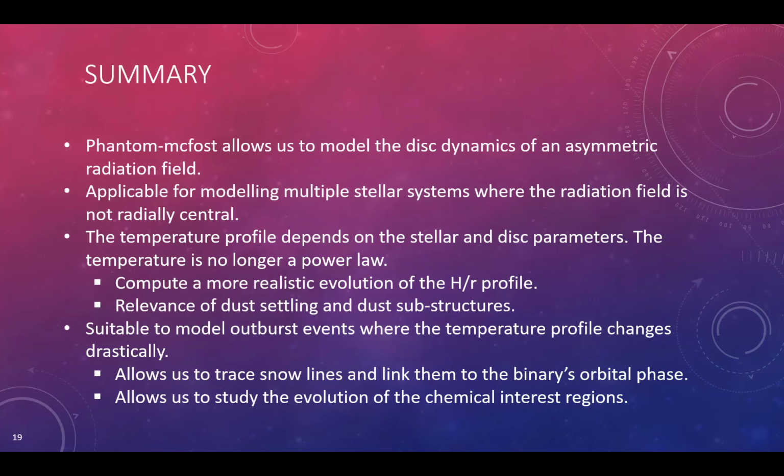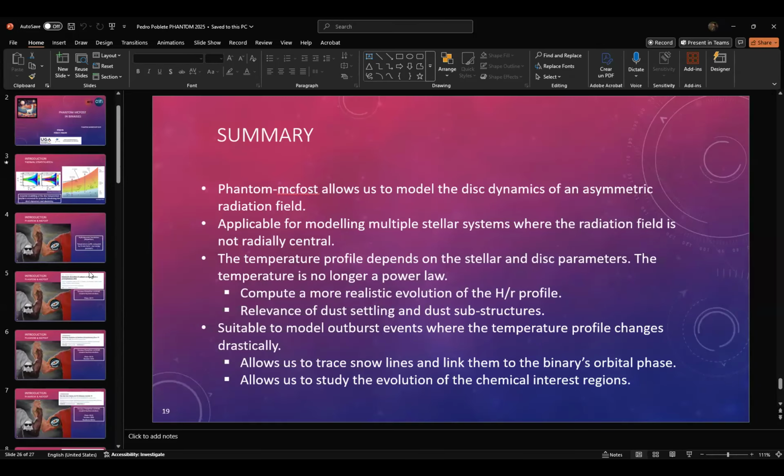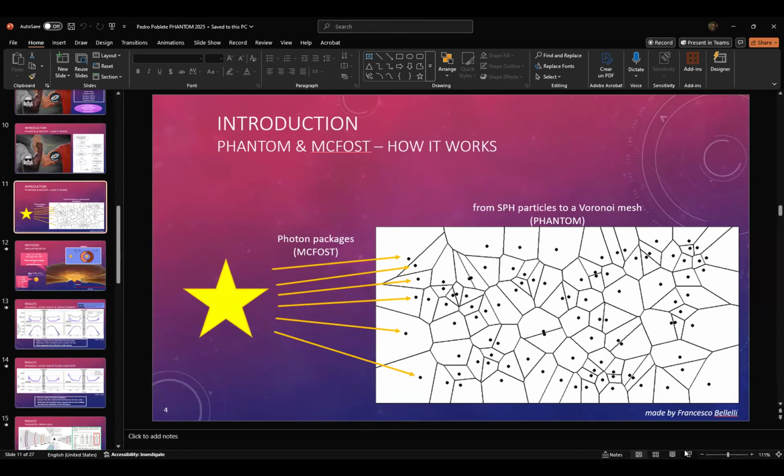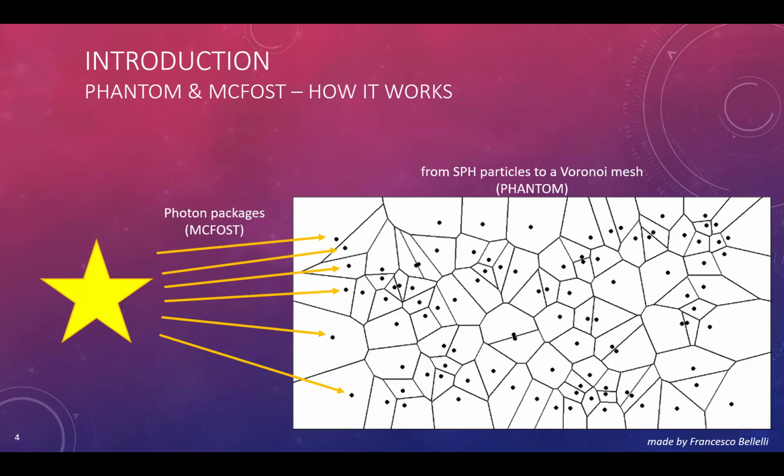I would like to explain how it works, but there is no way to explain it here. In my thinking, the Voronoi mesh here is built using the SPH gas particle positions. In one fluid it's the same, but I think when you use two fluids, this mesh is based on the dust SPH particles, I think.